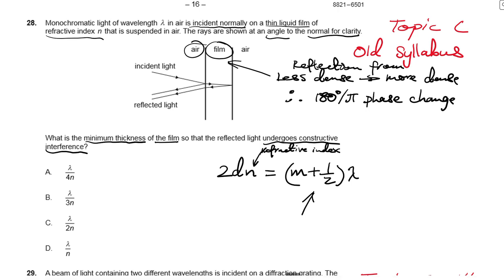And so that causes us to now use the reversed formula.